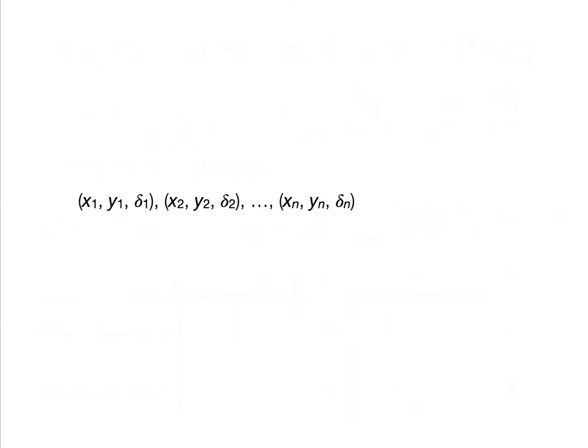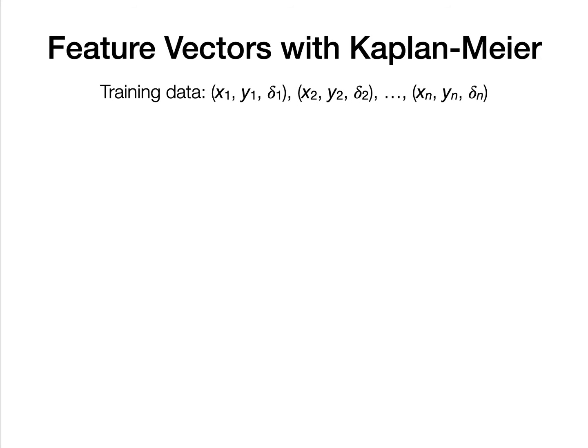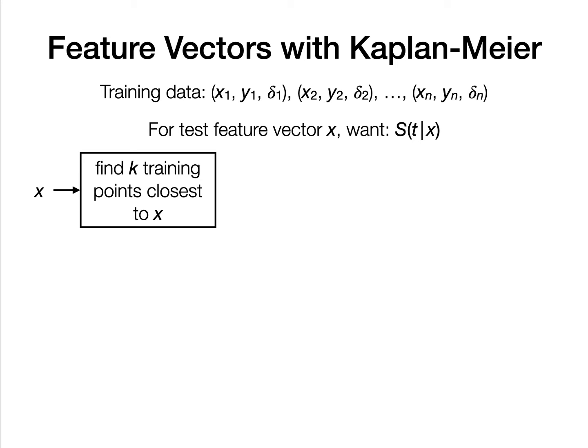And there's a very, very simple way to account for feature vectors. So what we're going to do is for a test feature vector x, we're first going to find the k training feature vectors that are closest to x. Okay? So that'll give us k training patients.